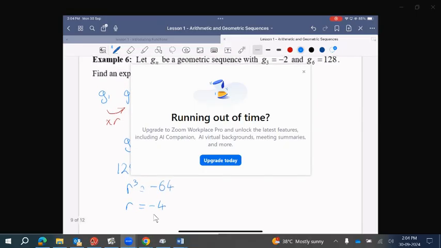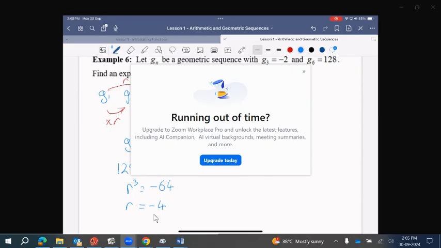If I want to move back to the first term, G3 would be equal to G1 times R squared. Just looking over here, I go 1, 2. This is R squared.